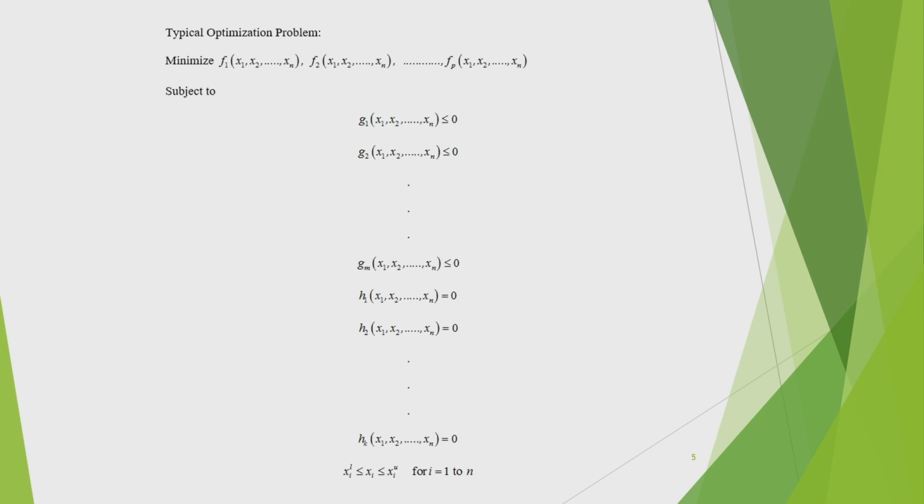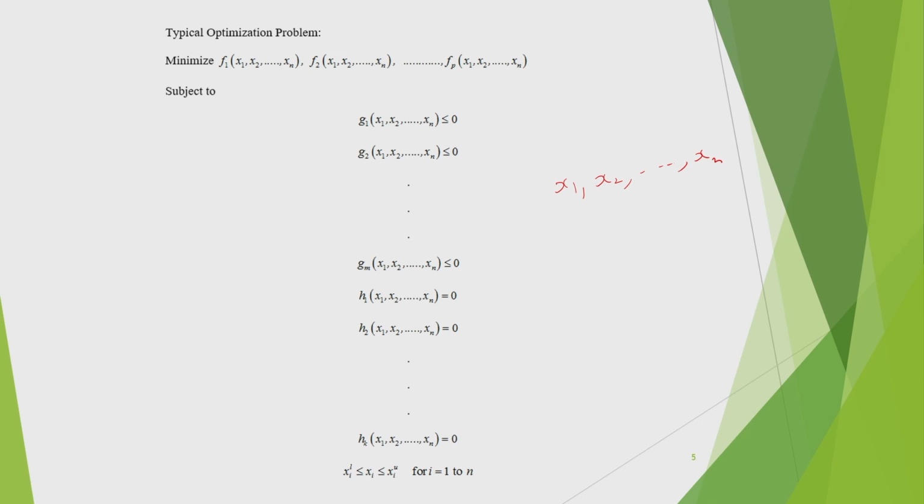Suppose we minimize, let us say, a multi-objective problem. That means we have got several goals and we have got many design variables, okay, decision variables. That means we have to decide about the values of x1, x2, xn. That is why these are called decision variables, and they are also called design variables, because we have to design our system based on these things.